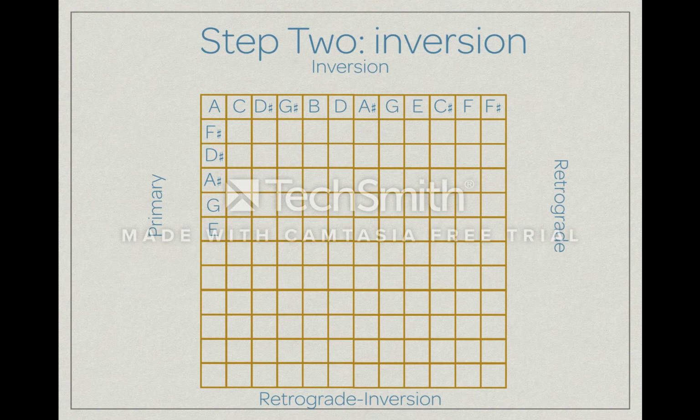And from D to A sharp, to get from A sharp to G, we ascend a major sixth. So we'll descend a major sixth to get from G sharp to B.